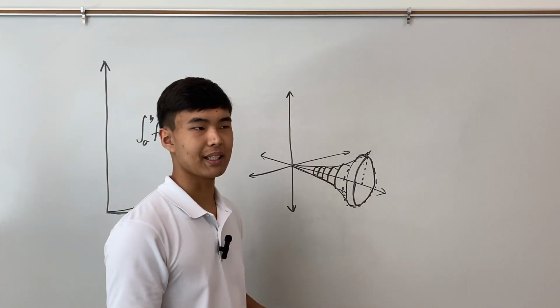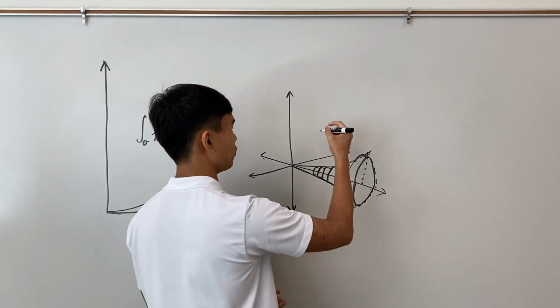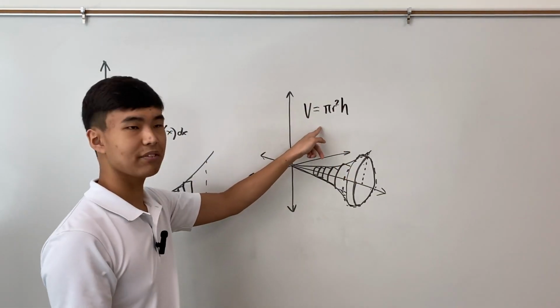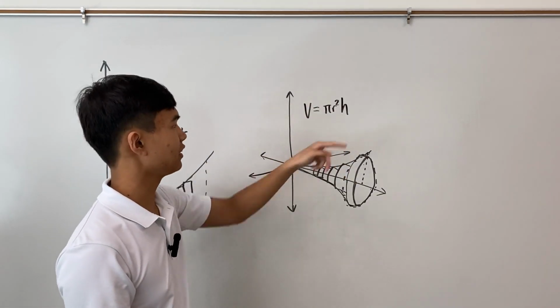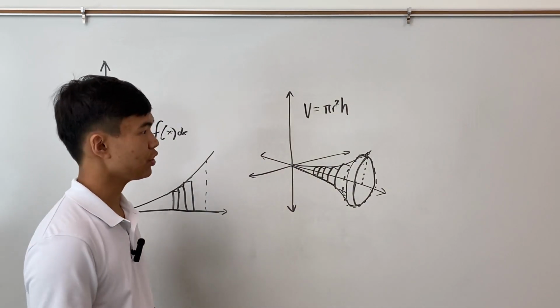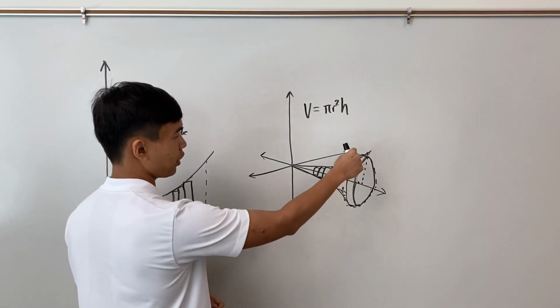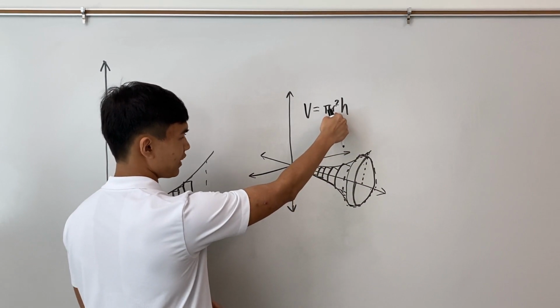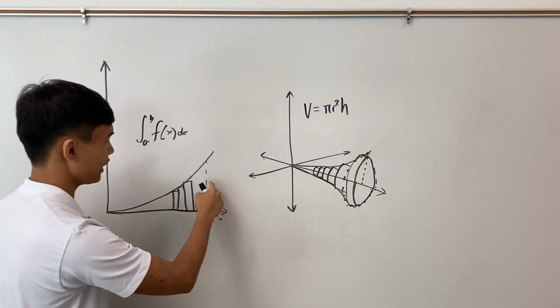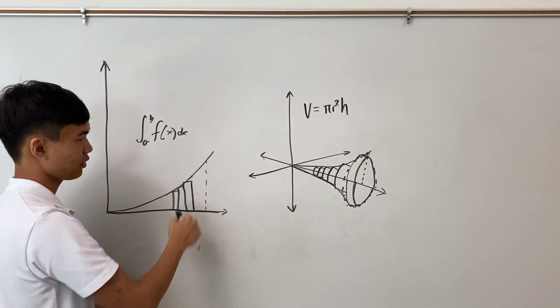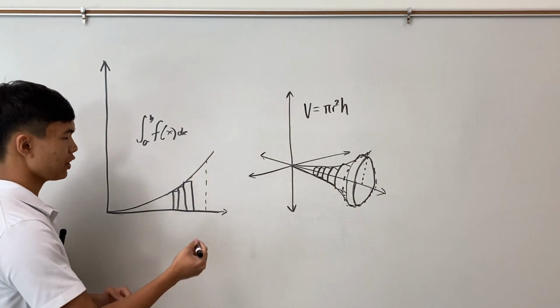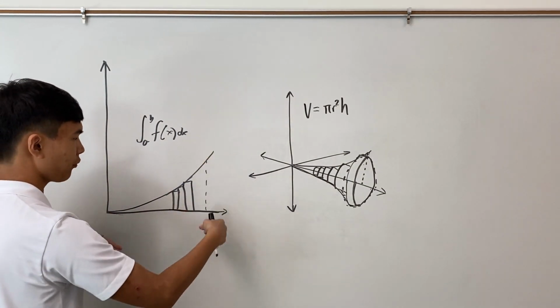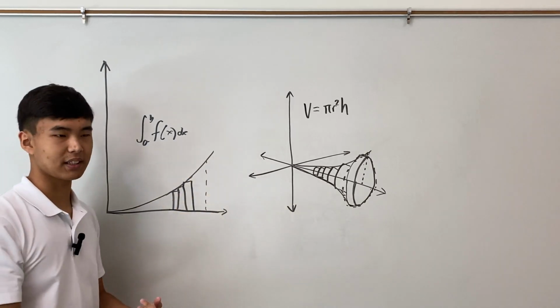We're going to start off with the simple cylinder volume formula and work our way down. This is the formula for the volume of a cylinder. And the first substitution that we're going to make is we're going to notice that this radius is equal to the height of the curve at x. And the reason I can say this is because when we take this revolution, this curve stays fixed.